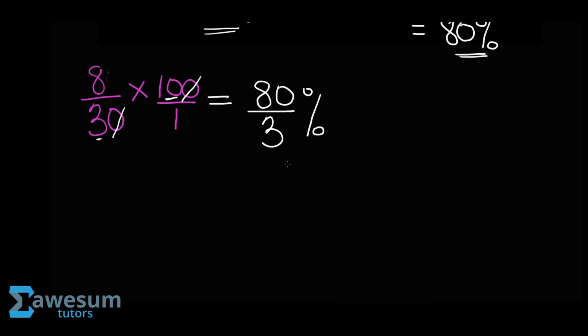But in this case, you can decide to convert it to a mixed number. How do you do that? If you remember your multiplication table very well, you realize that 3 can go in 8. We can divide it stepwise. 3 in 8 is going to give you 2, because 3 times 2 is 6, right? That remains 2.